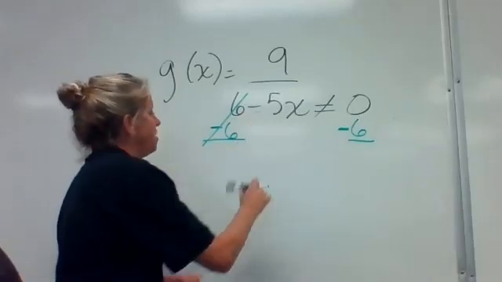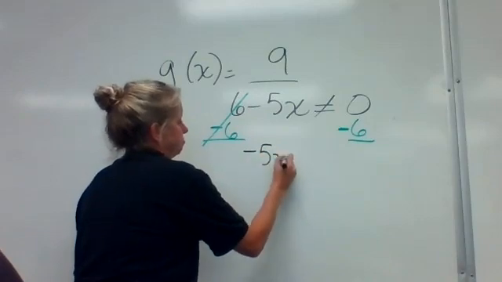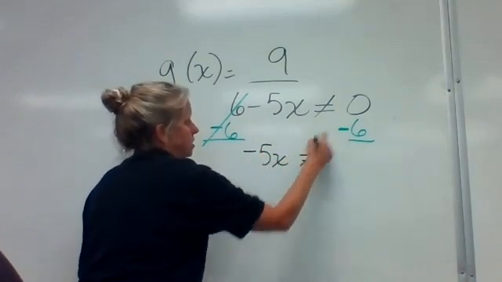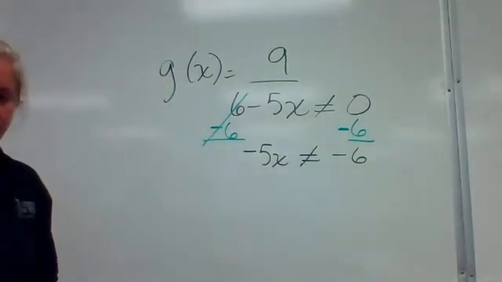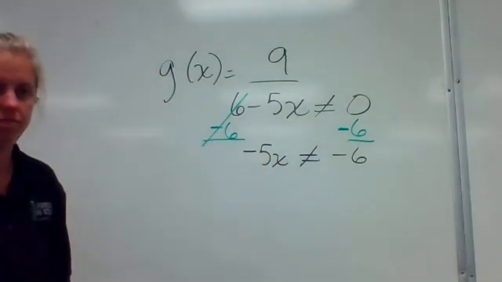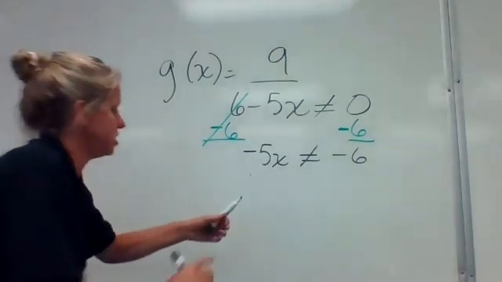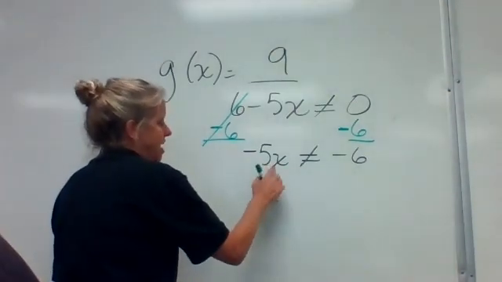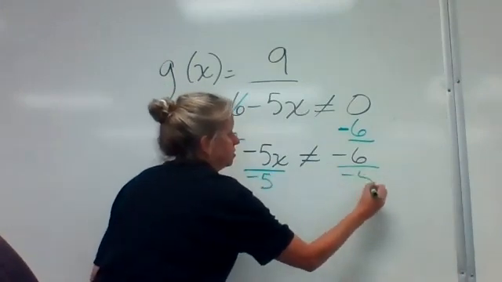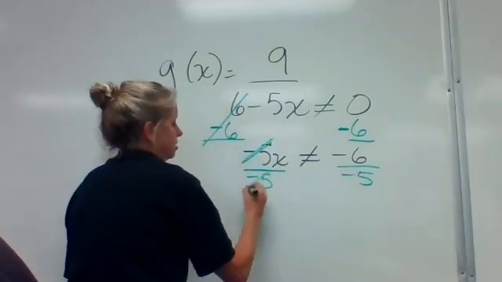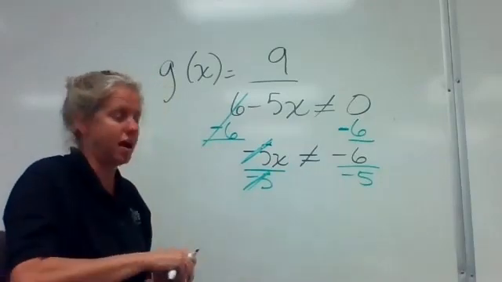I still have negative 5x, cannot equal 0 minus 6, which is negative 6. Still solving for this x. Divide by exactly the number that's hooked on. You don't change the sign or anything. That cancels that. There's my x.